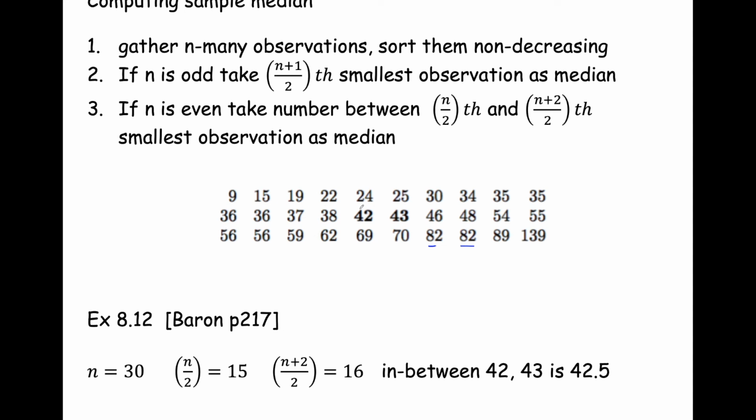So we're going to take the 15th number, 42, and the 16th number, 43. So now we take the midpoint between the two. So that is the number in between 42 and 43. That's 42.5. And that's going to be our sample median. And so this is the example of how you calculate the sample median.